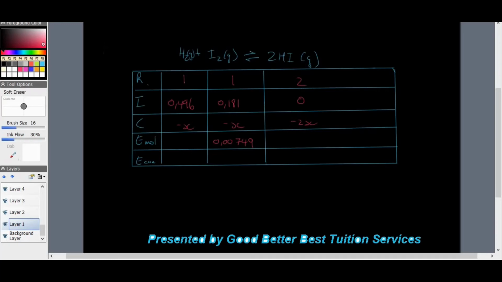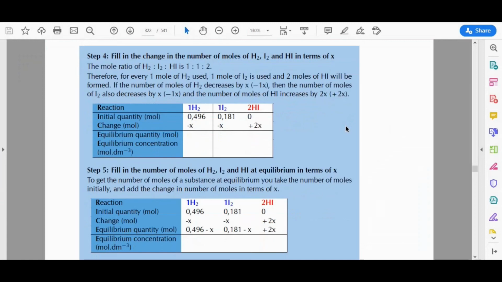Okay, and let's just check. What I'm going to do is check that whole 0.181 minus x part for now, because if I am correct, then we need to take 0.181 minus x equal to that number. So I'm going to keep that number just out of the text for now. Okay.